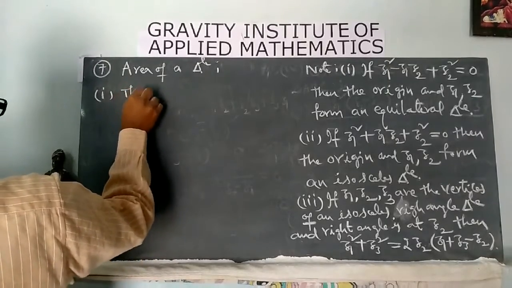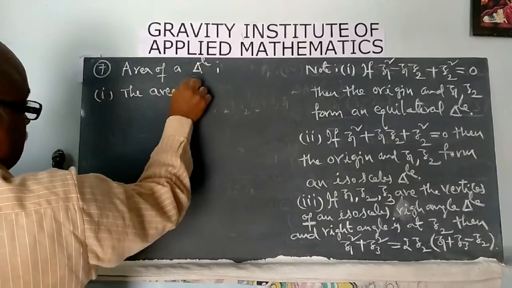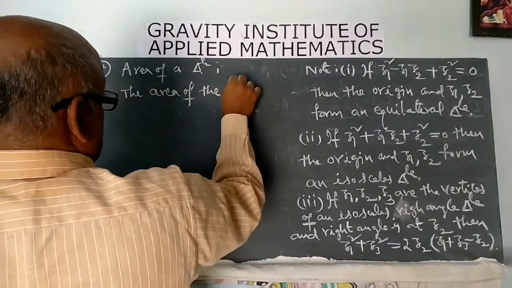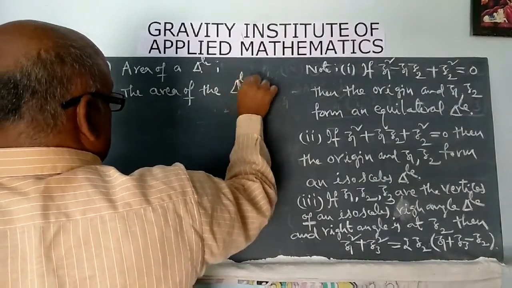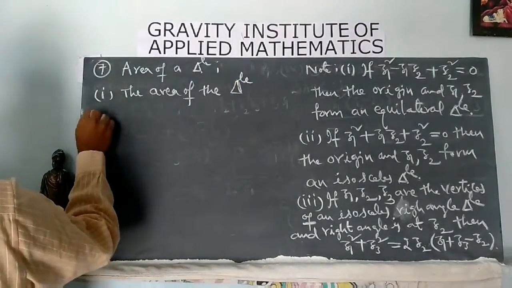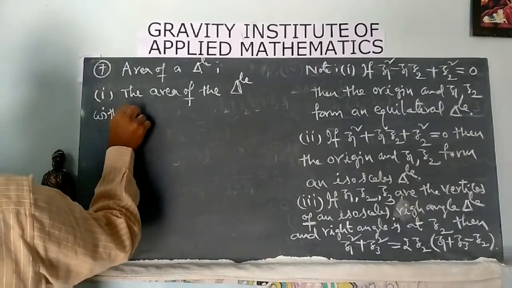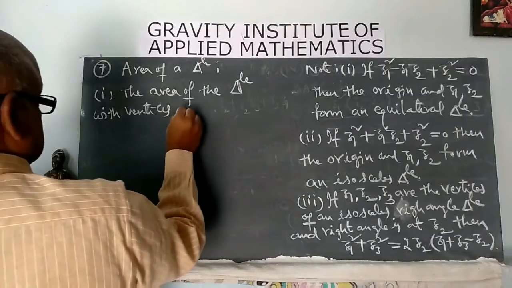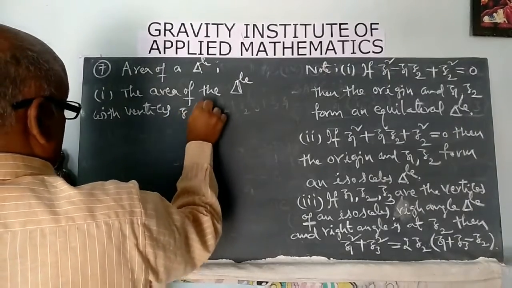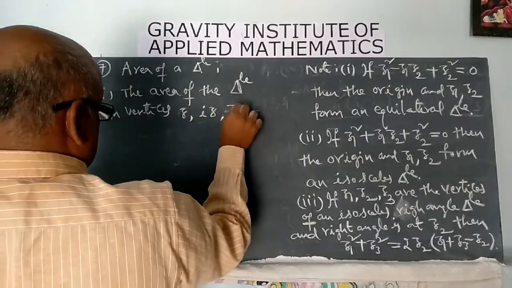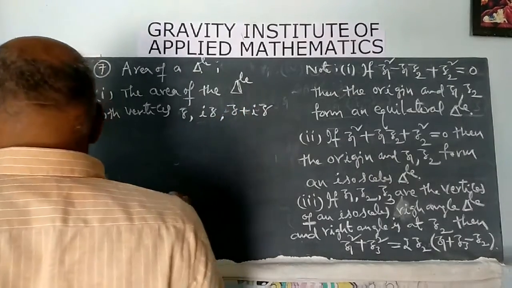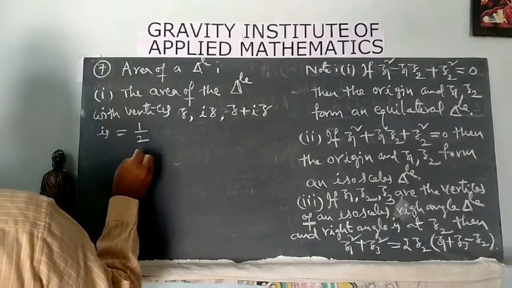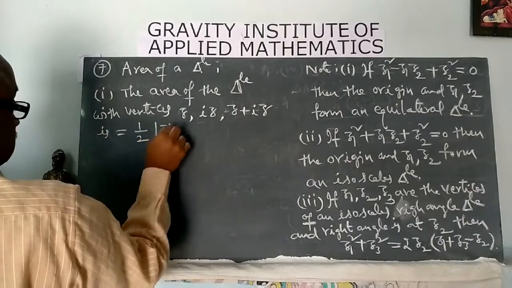The area of the triangle with vertices z, iz, z plus iz is equal to half mod z square.